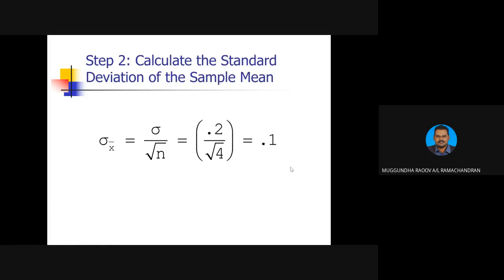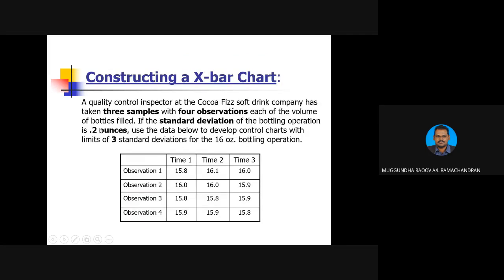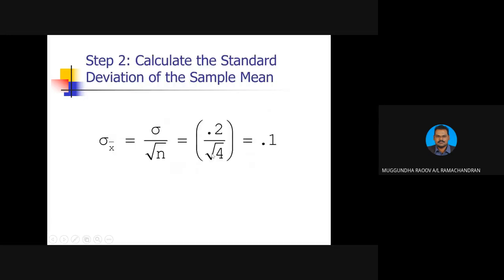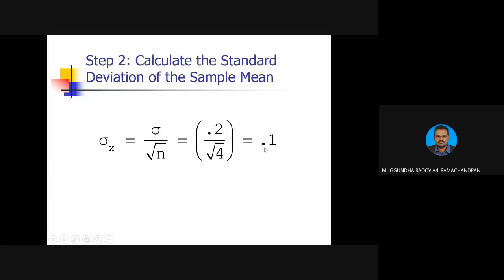This is the formula to calculate the standard deviation of the sample mean. The standard deviation is given in the question, which is 0.2, divided by the square root of n, where n equals 4 observations, so the square root is 2, which gives 0.1.